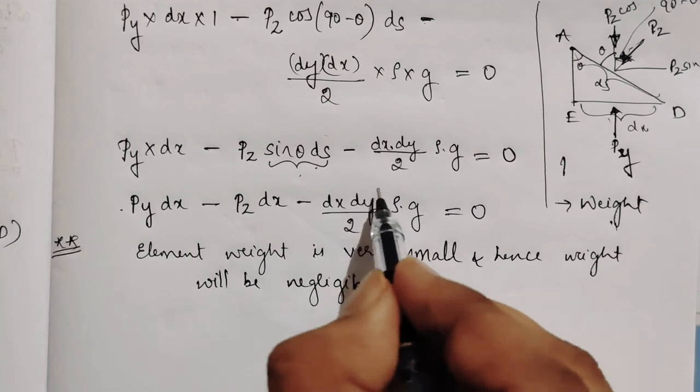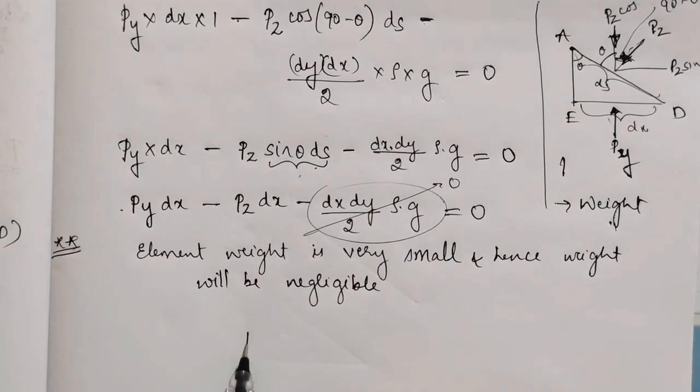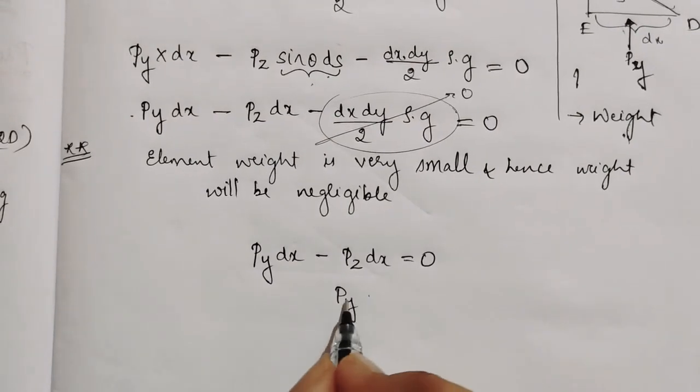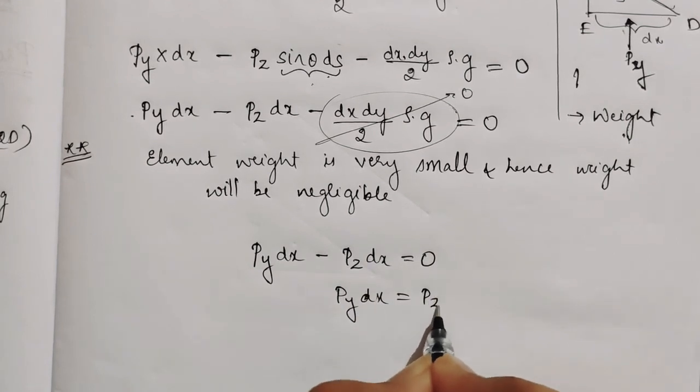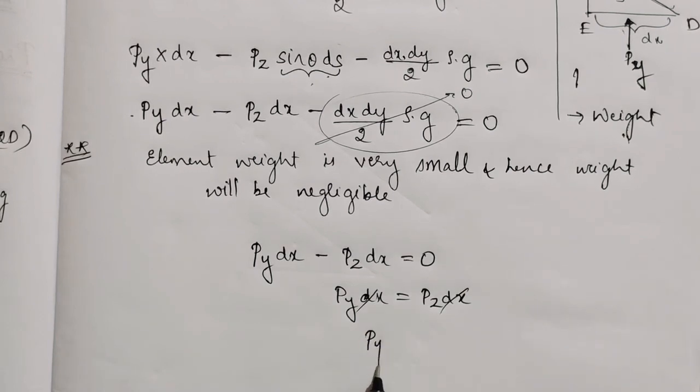So this term I will make 0. So py into dx minus pz into dx is equal to 0. So py dx is equal to pz into dx. So dx cancels, and py is equal to pz.